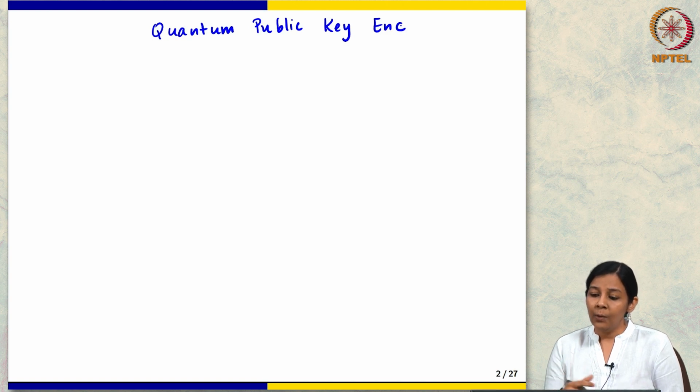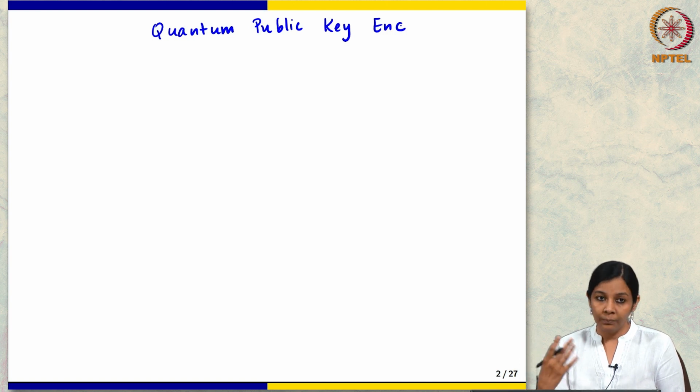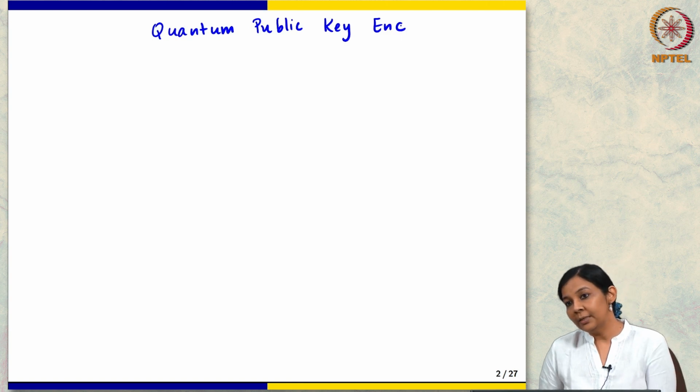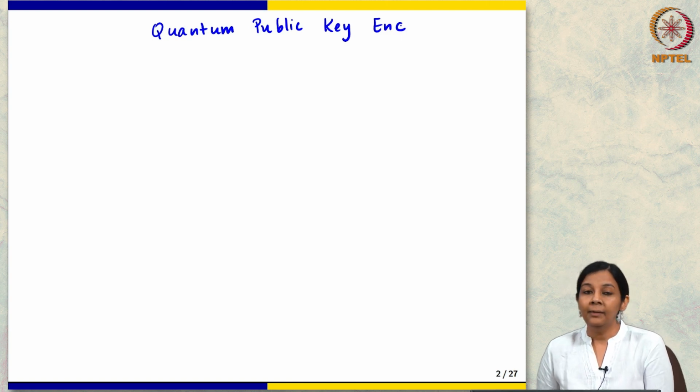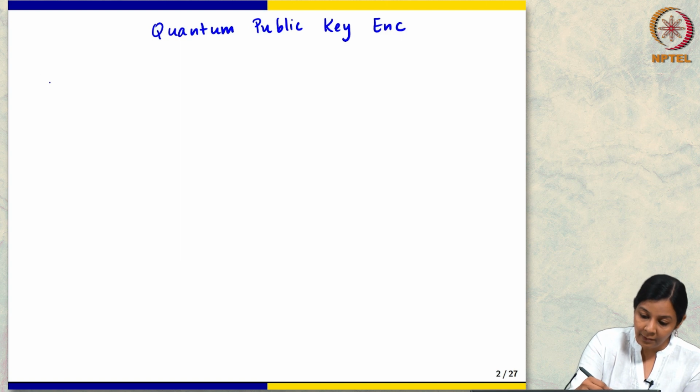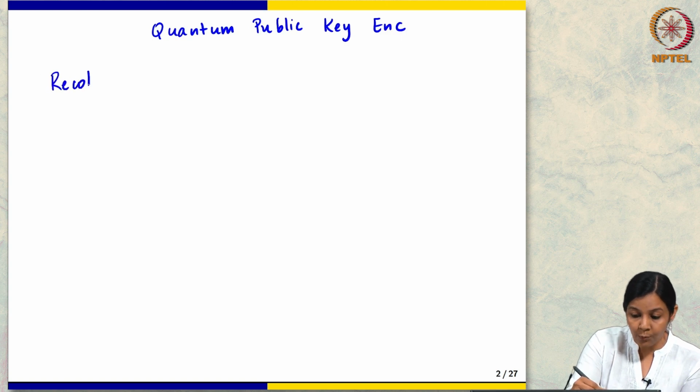Now, I want to generalize that to public key encryption. So, are there any thoughts or ideas on how I might proceed to do such a thing? And the hint that I have is that we will directly use the ideas from the quantum one time pad. So, maybe it's good to quickly recollect what we were doing for the quantum one time pad.